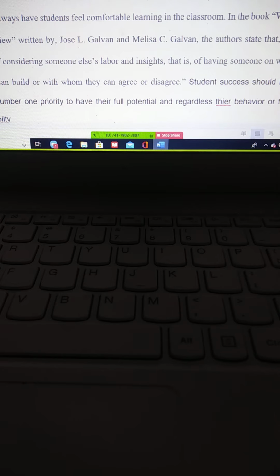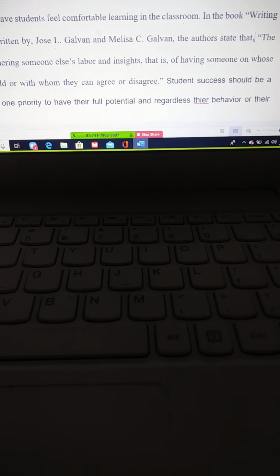Once you introduce everything, the title and the author's full name, then you could just say Galvan and Galvan state, or the authors state, if you're not changing books. But if you're using more than one book, then you'd have to constantly say Galvan and Galvan state, to make sure that the professor knows that you're not changing.